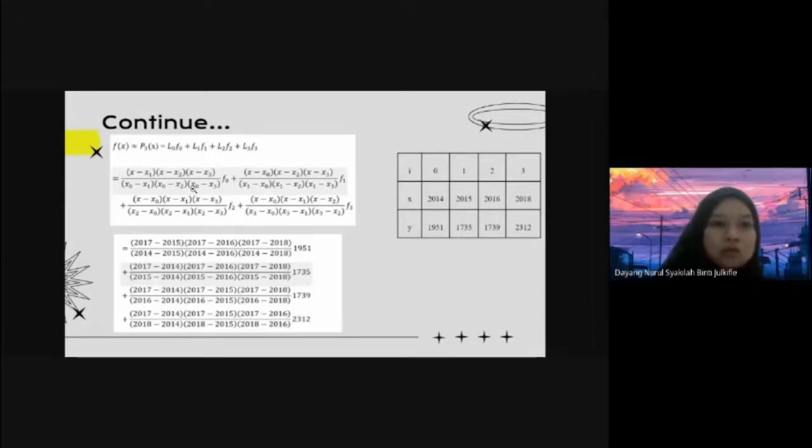And the same goes for the following formulas. We just substitute the values of x2, x1, x0, and x3, and f2 and f3 from the values that we got from the table that we have done here. We substitute all the values in here, and then we calculate.